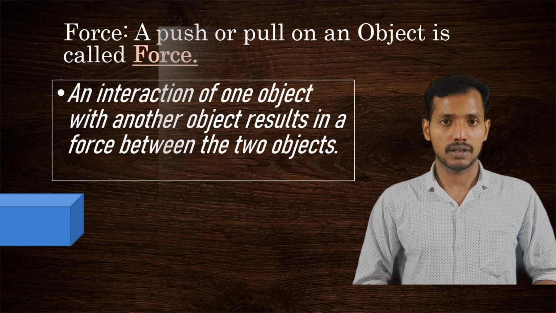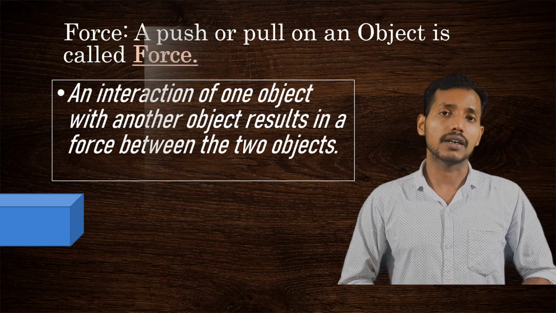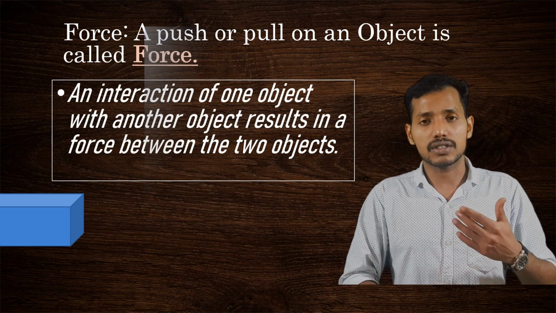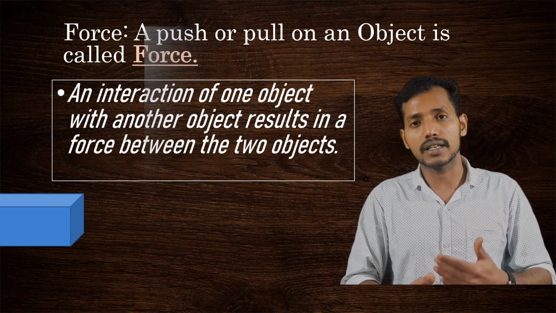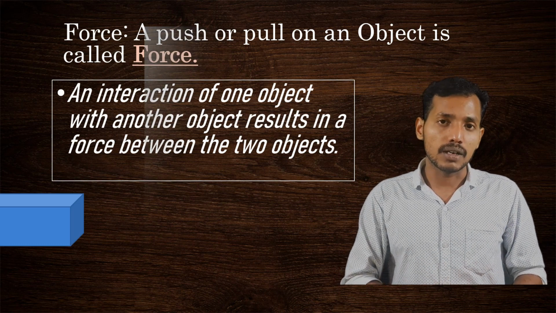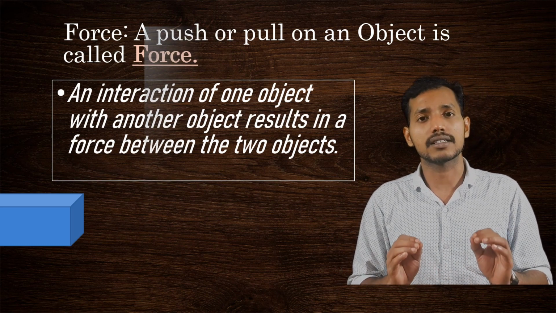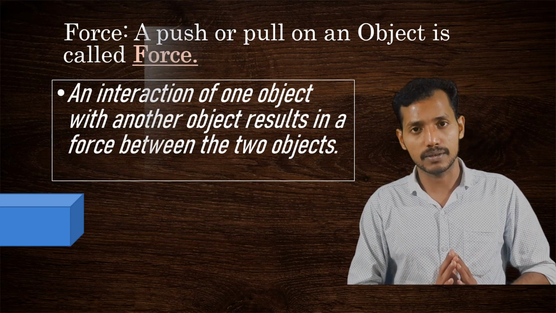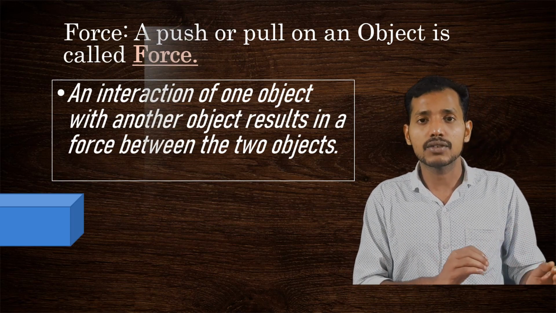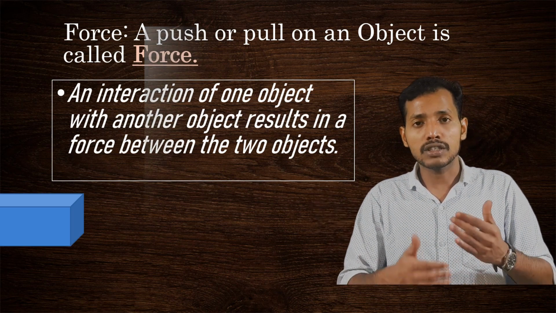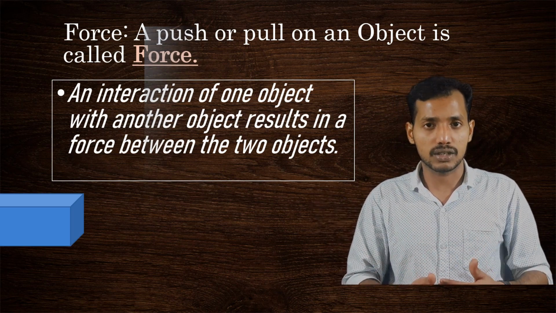So this is the very important criterion: to make the force effective, there should be an interaction between two objects. And remember that the force exerted by different agents is different. For example, a push or pull exerted by a small child is smaller than the force exerted by an adult. That means all the forces are not of the same strength.